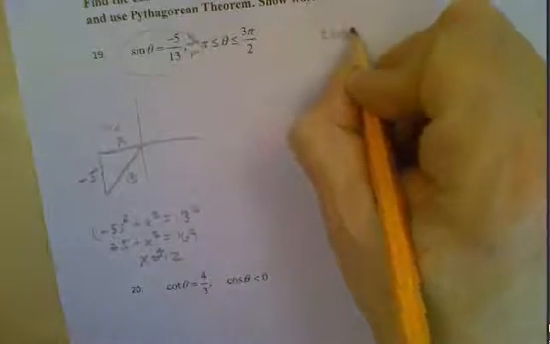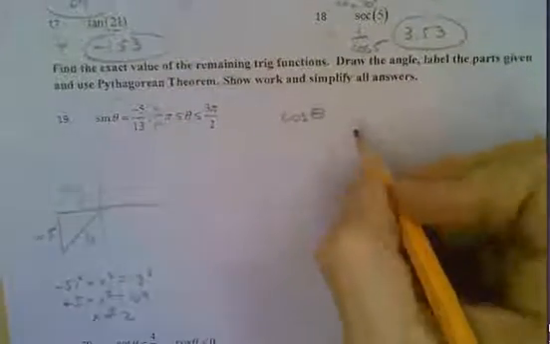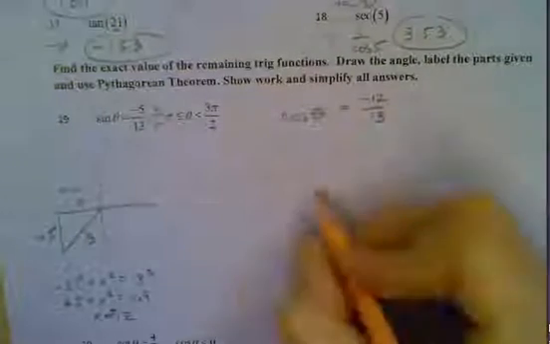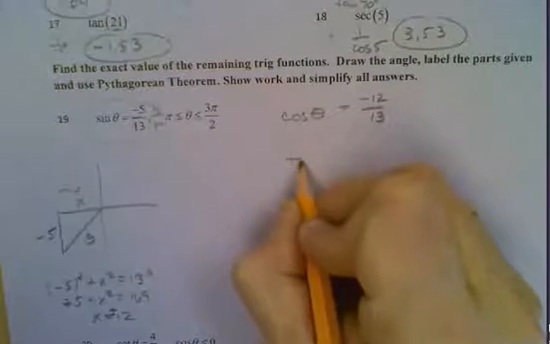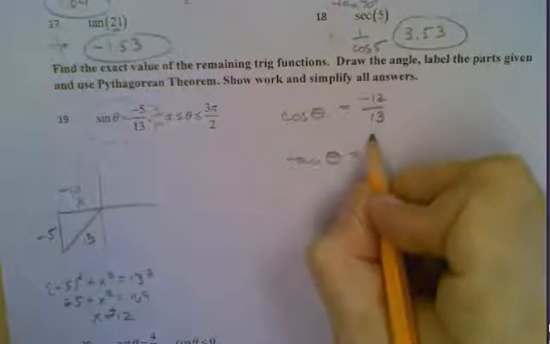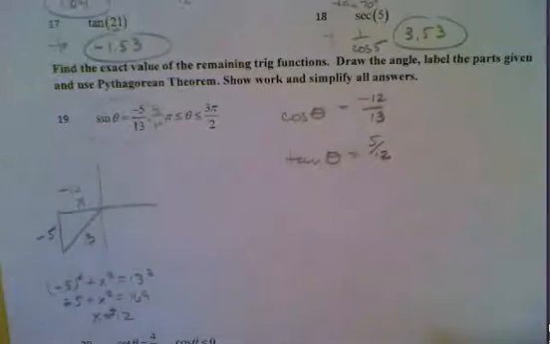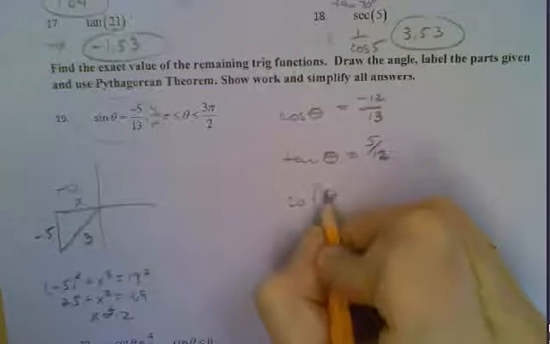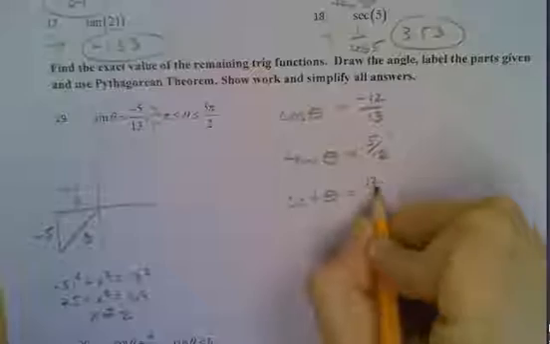So the cosine of theta is the x value, -12 over the hypotenuse. The tangent is y over x, so -5 over -12. The negative over negative becomes a positive. Cotangent is the reciprocal of the tangent, 12 over 5.